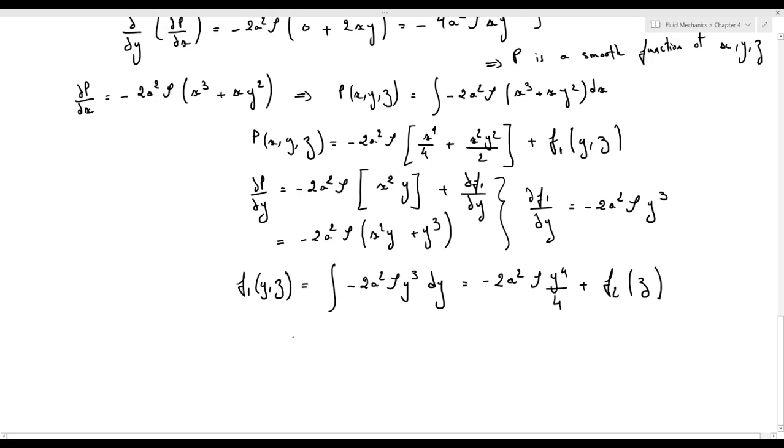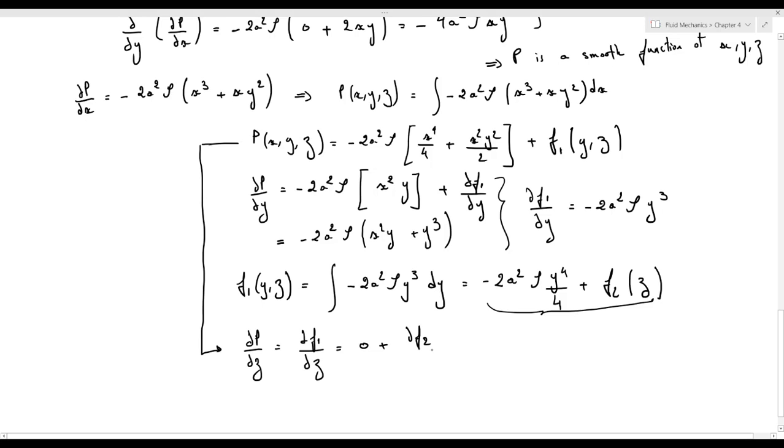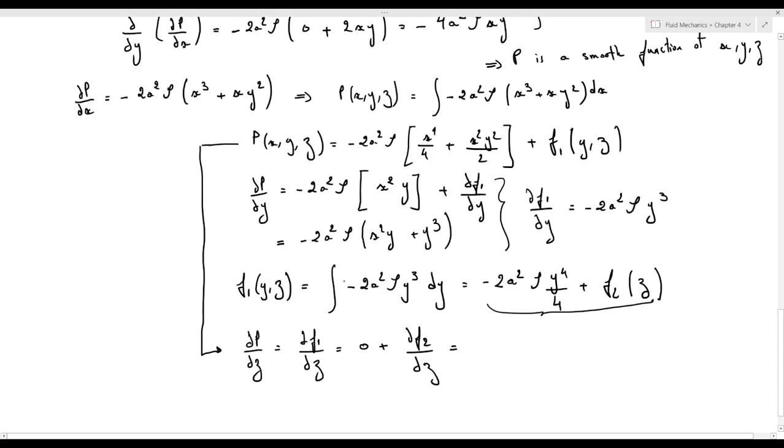Since we partially integrated with respect to y, the other function will be a function of z. Now we go back to this pressure expression and we differentiate with respect to z. So the first term will be equal to 0 and we just obtain ∂f1/∂z, and ∂f1/∂z is equal to ∂f2/∂z, since the first term, minus 2a² ρ y⁴/4, is independent of z.